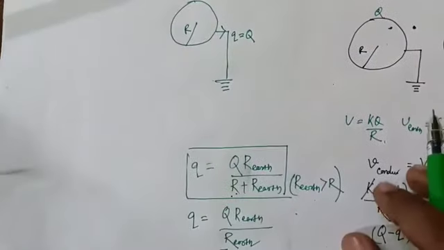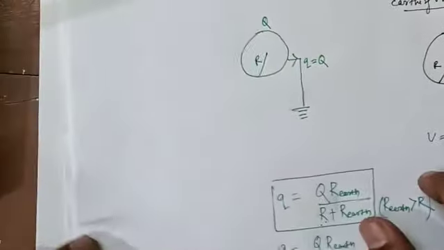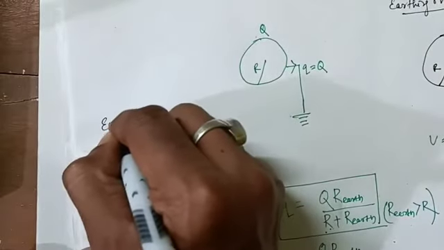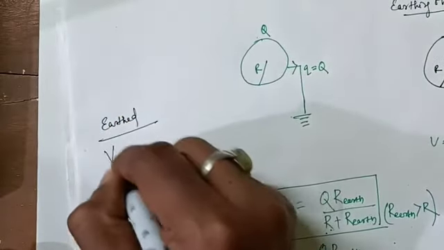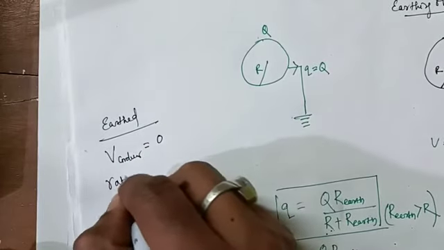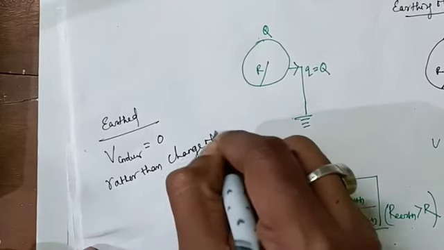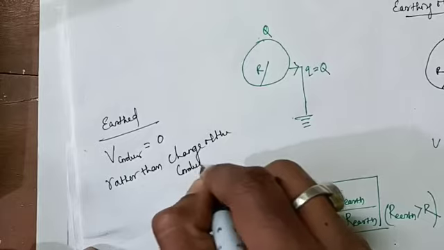So this is a concept. Usually students make the mistake of thinking that if a conductor is earthed, all charge flows away. No, all the charge may or may not flow, but the potential of the conductor is 0. This is the important concept. If it is earthed, the potential of the conductor is 0, rather than the charge of the conductor being 0. Those students who have a little doubt can benefit from this.